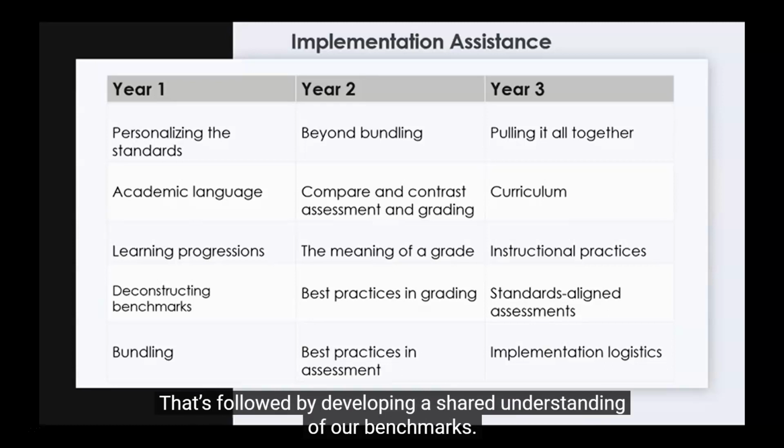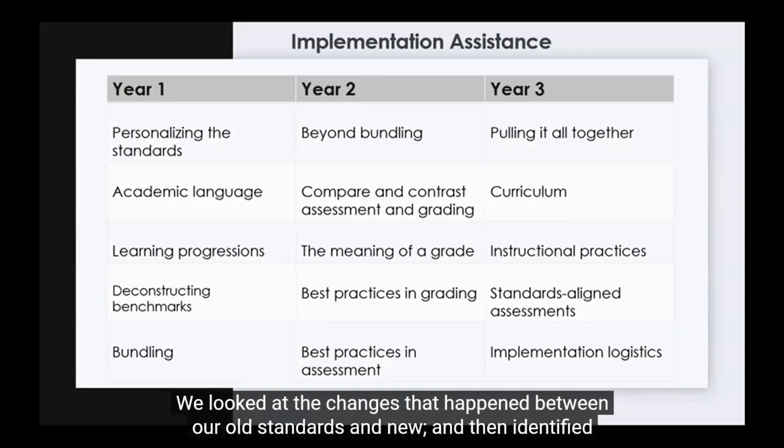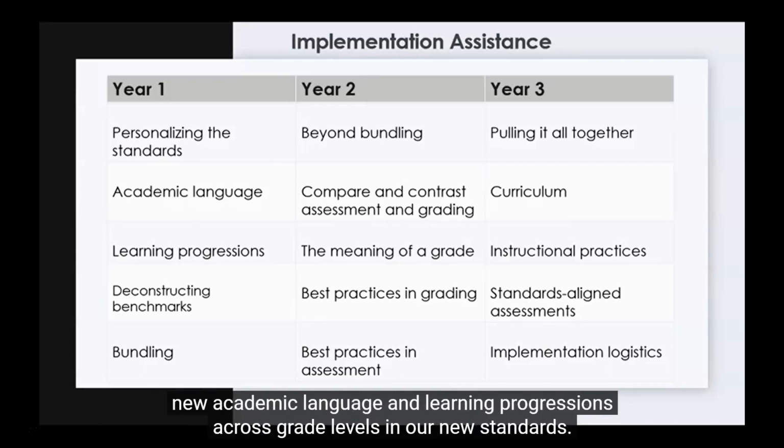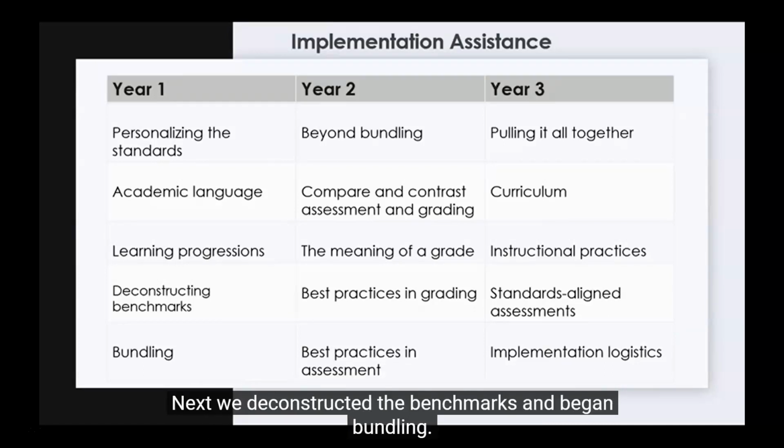That's followed by developing a shared understanding of our benchmarks. We looked at the changes that happened between our old standards and new, and then identified new academic language and learning progressions across grade levels in our new standards. Next, we deconstructed the benchmarks and began bundling.